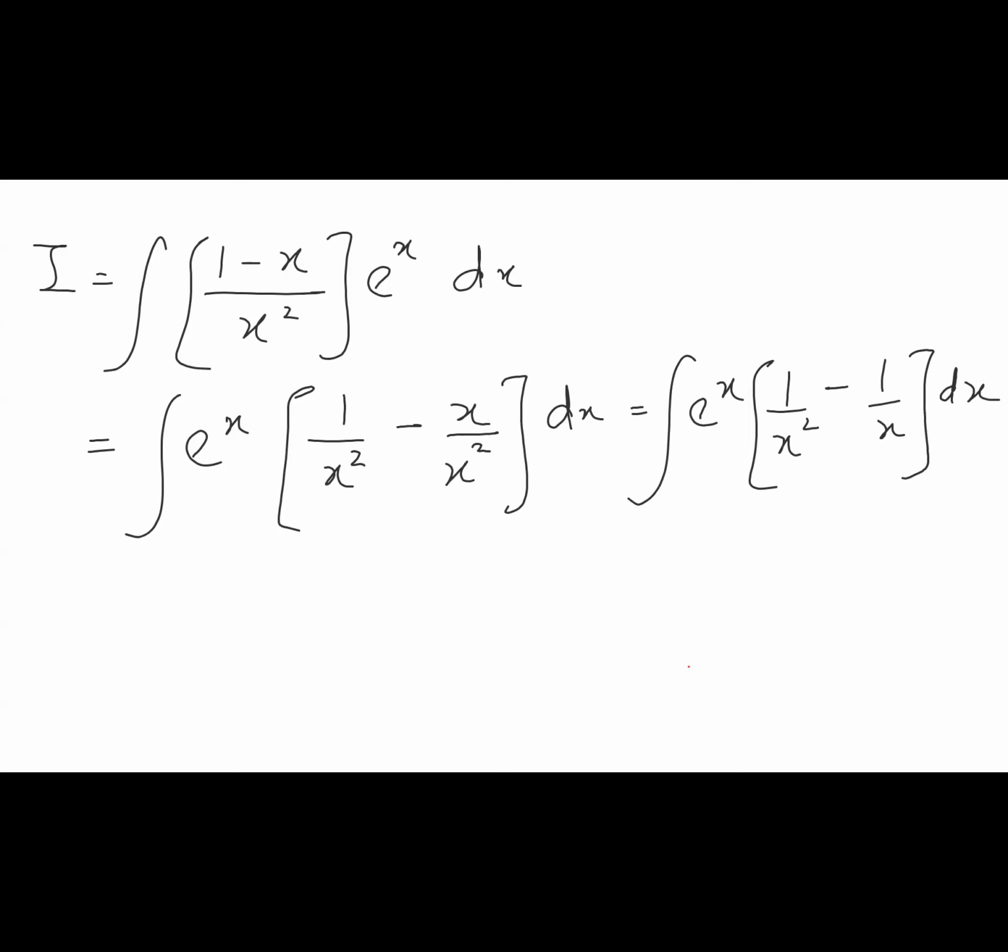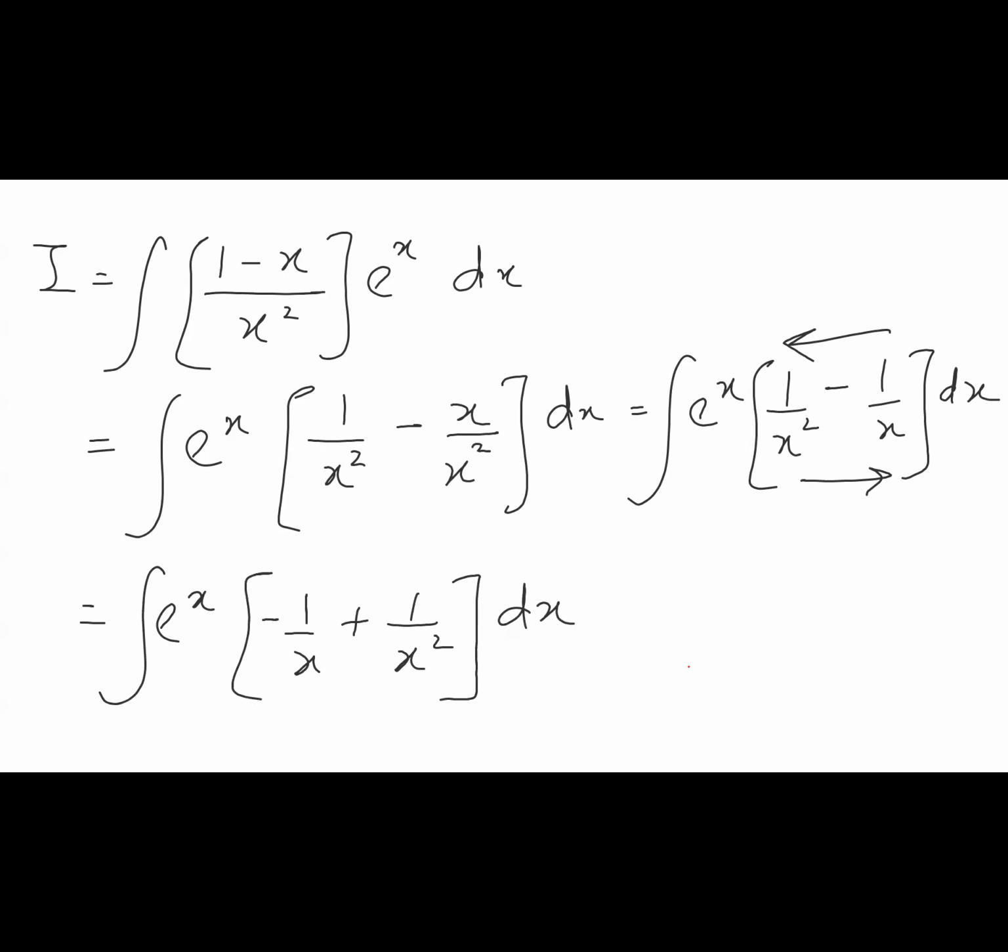Fine. Now reverse this. Why do we have to reverse this? Because the derivative of 1 upon x is minus 1 upon x square. Hence I'm reversing this. Now this is f of x and the second term is f dash x.